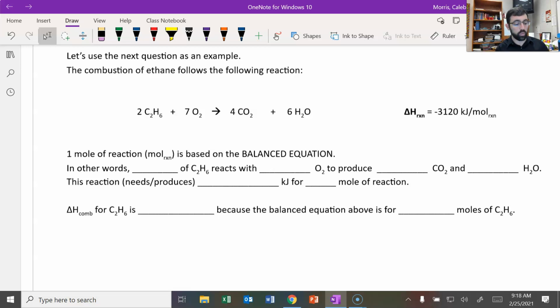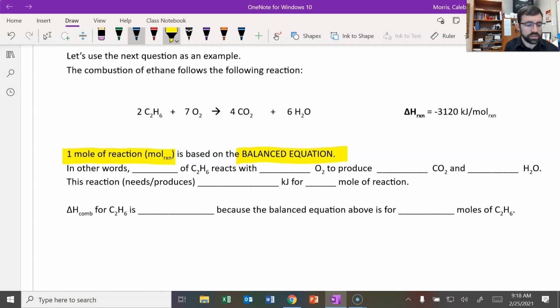is what 1 mole of reaction is. So we want to know some information about the combustion of ethane. 1 mole of reaction is based on the balanced equation that's written up here.